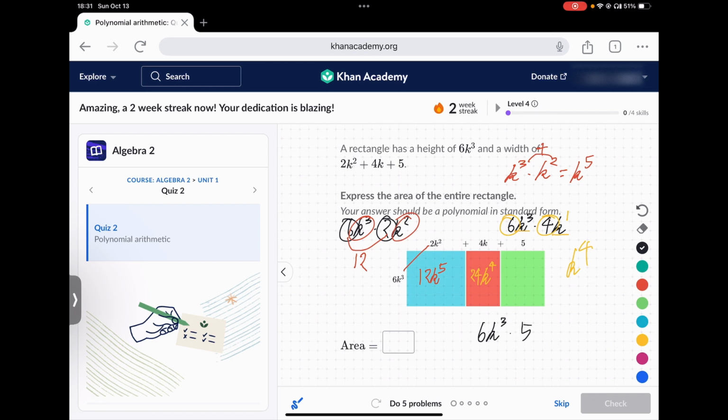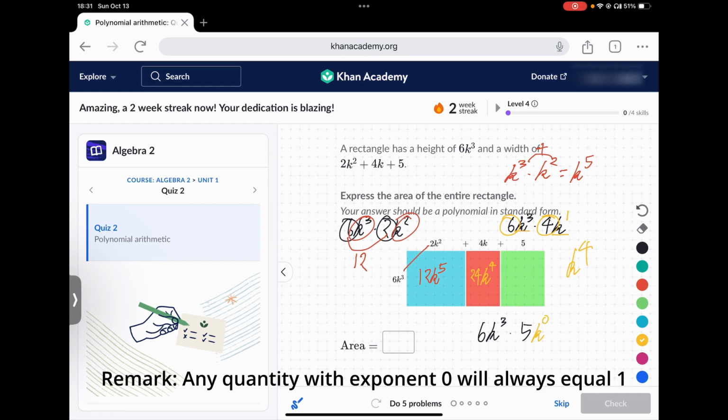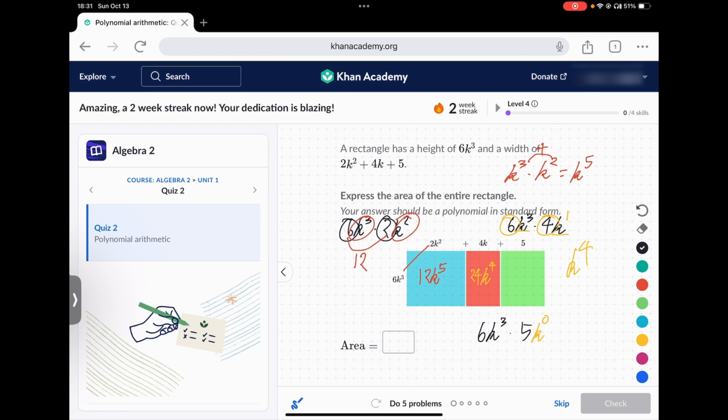In this case, you don't have k, but just to make sure, you have a k that is to the power of 0. But anyway, if you multiply the coefficients, it's going to be 30. And you multiply k cubed and k to the power of 0, so you add the two exponents, 3 plus 0, and it'll be 3. So it's going to be k cubed.